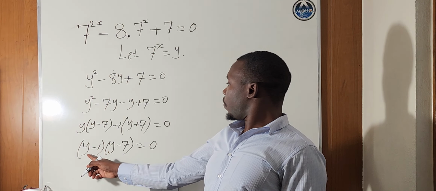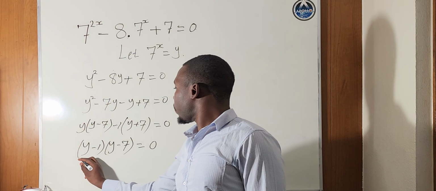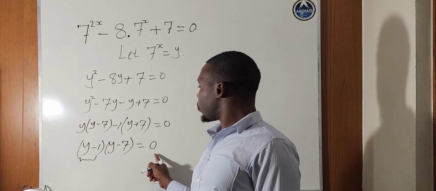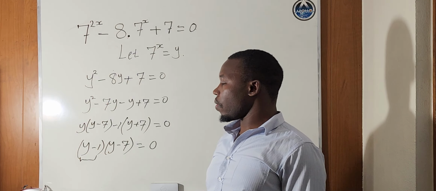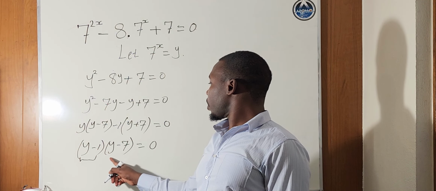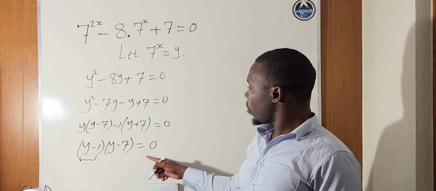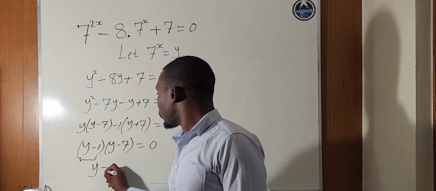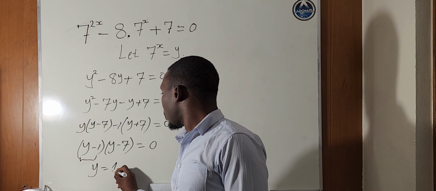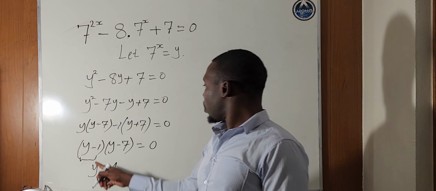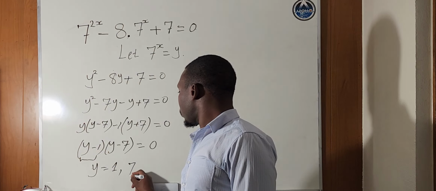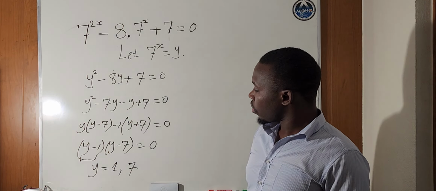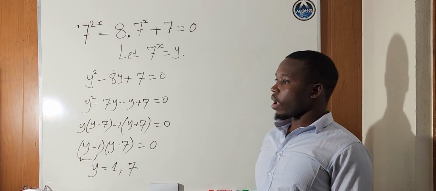Here, if we equate the first term to 0, we find the value of y. Similarly, the second term equals 0 gives the value of y. We will find that y equals 1, and y also equals 7. So we have two values of y.